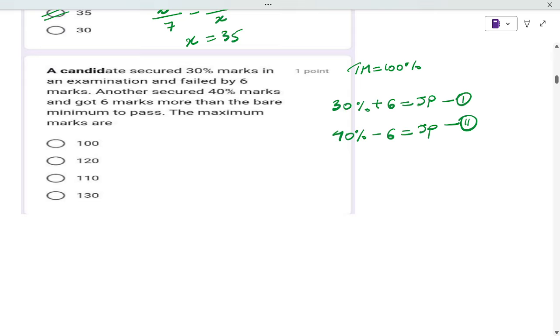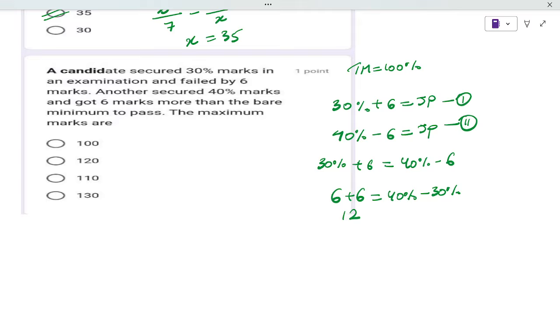Simplify, for example 300 marks, just pass. So both equations are equal, so can we say now 30% plus 6 minus 6 plus 6 is equal to 40% minus 6. So percent on one side, numbers on the other. So 6 minus minus 6 becomes plus 6, is equal to 40% minus 30%.